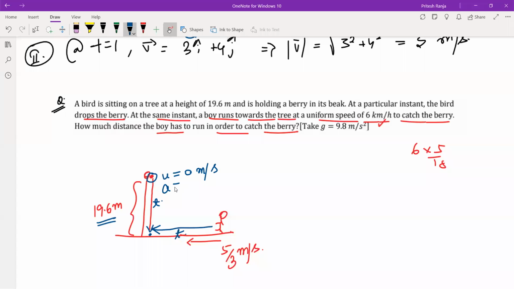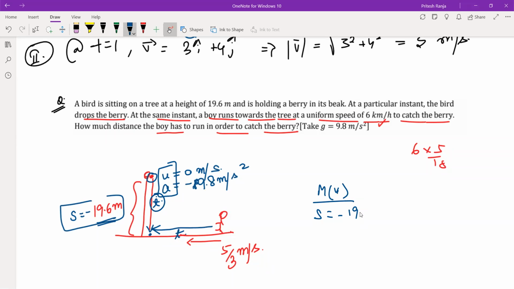Acceleration क्या होगा? -10. Let's take 9.8. -9.8 meter per second square. So displacement क्या होगा बेरी का? -19.6. So let us find the time. ये सारे जो quantities हैं, they are all along y. So that's why I am relating them. So what we will get? Motion along y.